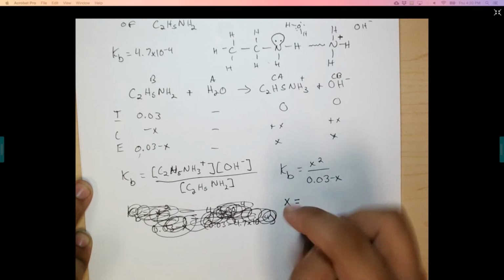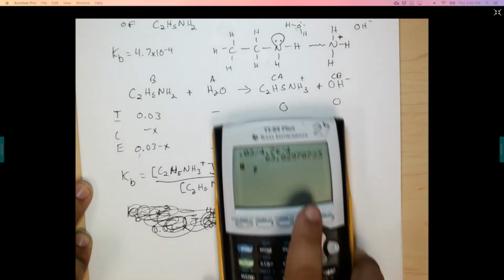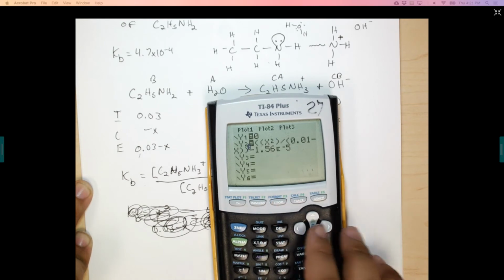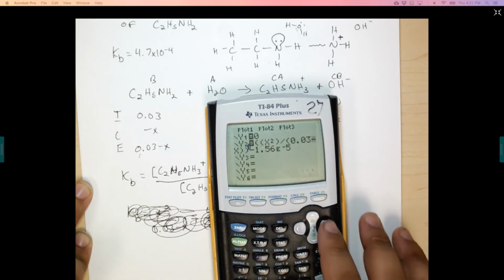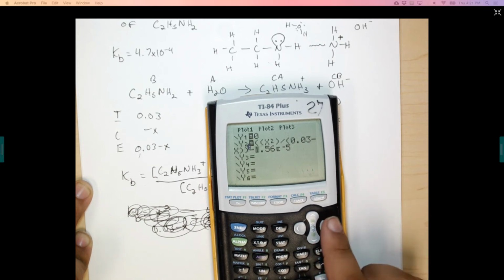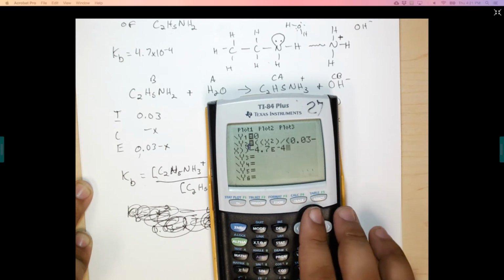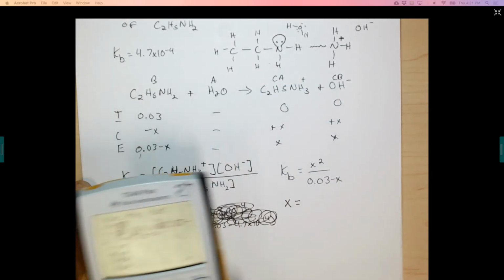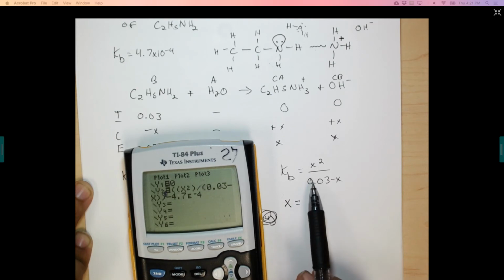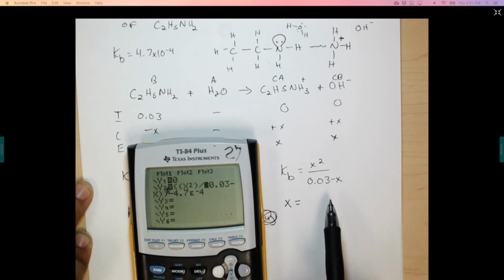And I always do that via calculator. I'll show you how I do that. 0 is equal to x squared over 0.03 minus x, subtracted by the Kb value, 4.7 e to negative 4. Notice what I've done here. I've set this up to where I have input this part of the equation into my graphing calculator. Now, if you're not using a graphing calculator, then the quadratic equation works just fine. But if you are, here's another example.